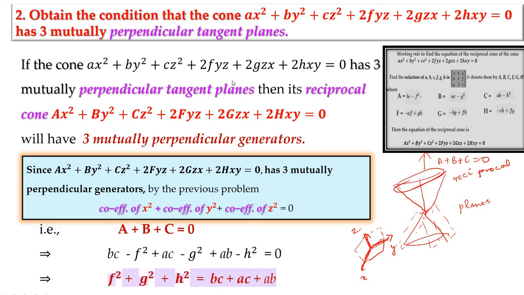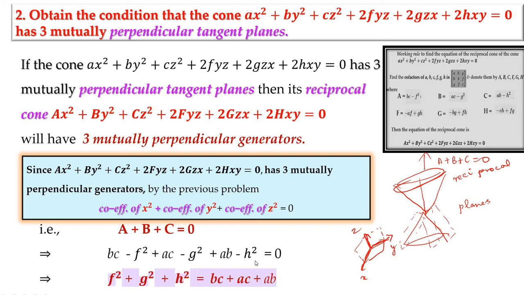So you have capital A plus B plus C to be 0, but capital A stands for BC minus f square, and capital B is this. So you just substitute and then collect the terms containing the quadratic expression and move the rest to the other side. So this is the condition for the reciprocal cone to have three perpendicular generators.